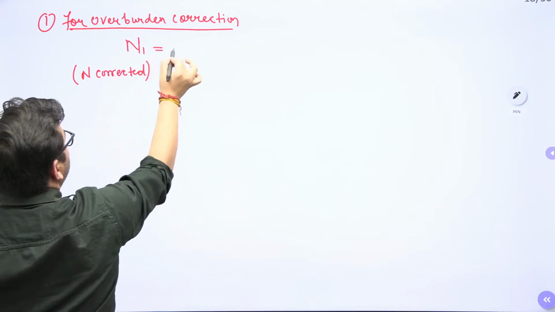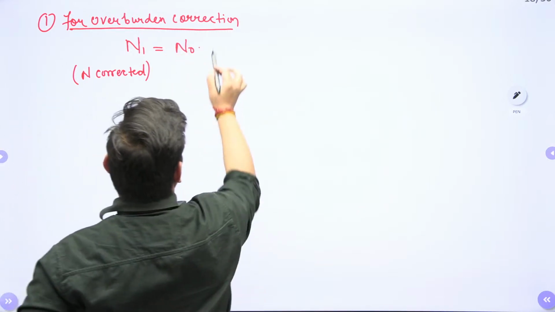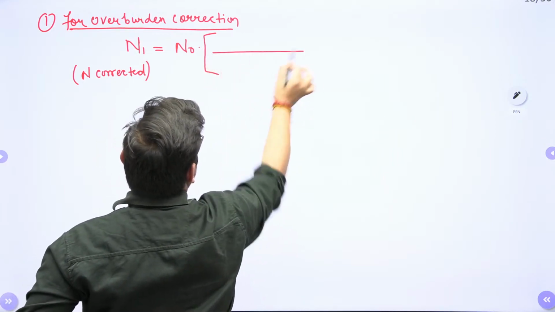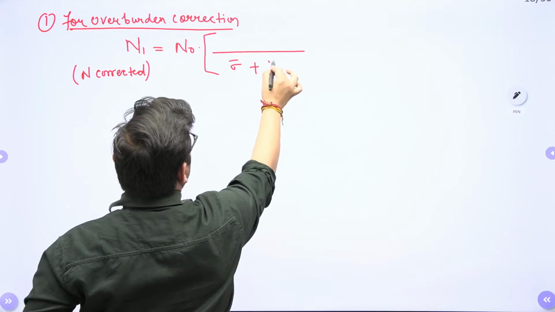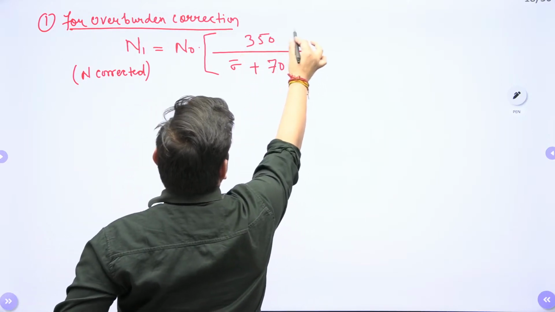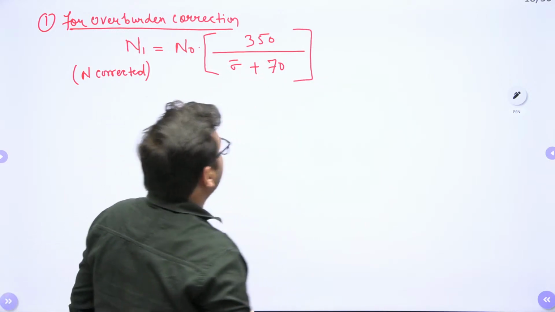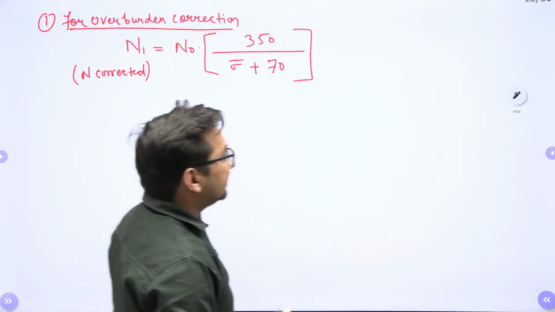So your N1 is going to be equal to N naught into 350 upon sigma naught bar plus 70.